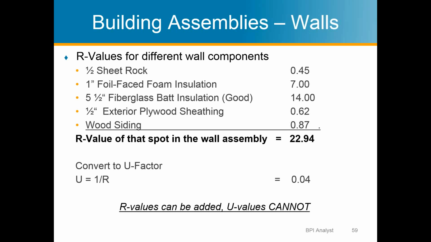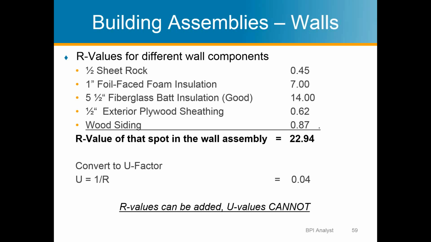So in this example, in the middle of the stud bay, there's an R value of 22.94, 23, right? And then we can convert that to a U factor just by dividing into 1. So 1 divided by 23 is 0.04. So you can add R values, you cannot add U values.